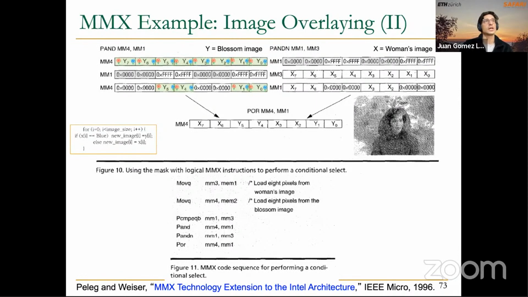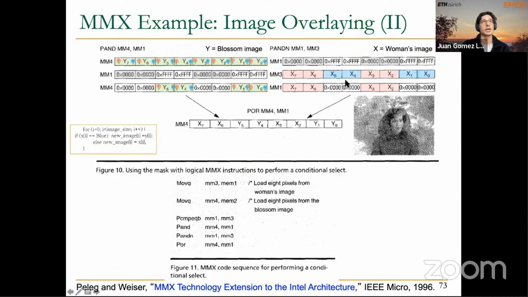In this case, what we do is computing a NOT operation. So we do the AND operation and then we invert the output. So in some of the cases we have blue pixels. In some other pixels, they are not blue pixels, so they correspond to the woman.